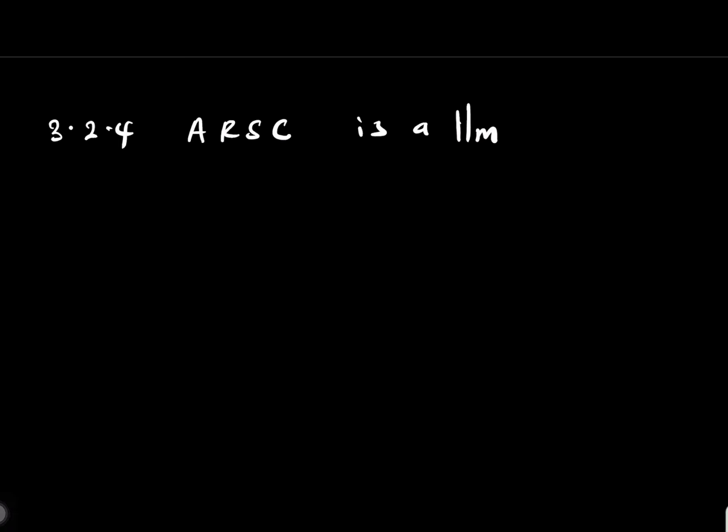Guys, if something's a parallelogram, it means that this one is a diagonal with that one. Those are diagonals of this parallelogram, and the diagonals meet at the midpoint. Think about it.